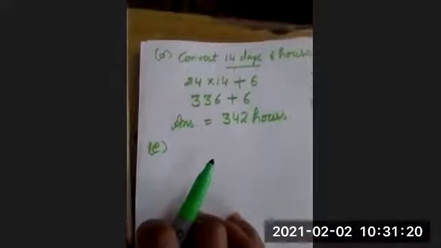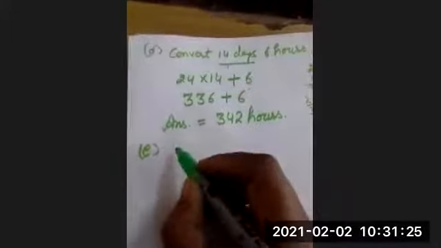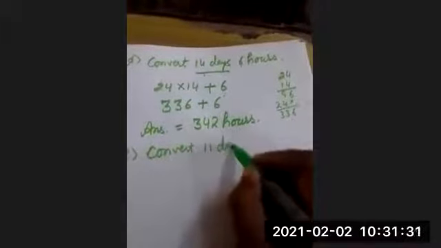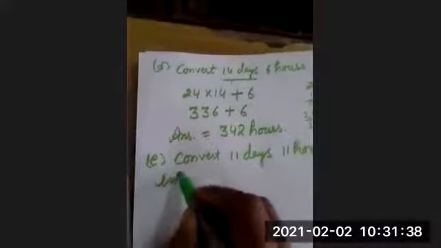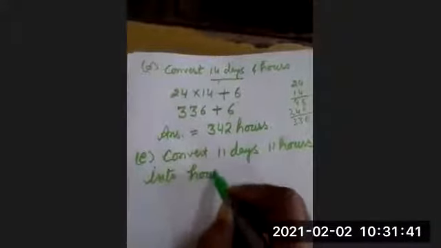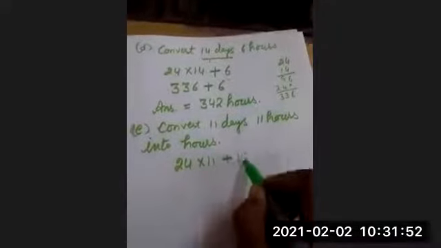Now students, the last part of this question, part E, that is 11 days and 11 hours into hours. Convert 11 days and 11 hours into hours. 24 into 11 plus 11.